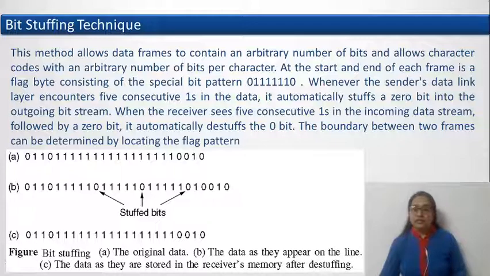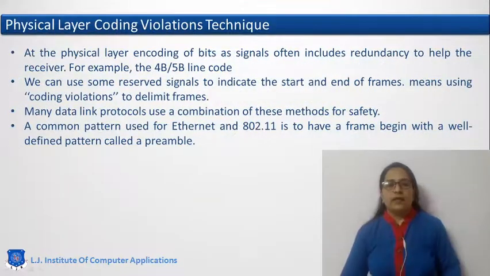So there are many techniques used by the data link layer to identify the start and end of the frame. As we have seen at the physical layer, there are different coding mechanisms, for example 4B/5B line code, where a few bit sequences are kept reserved. Those bit sequences can also be used by the data link layer to indicate the start and end of the frame.